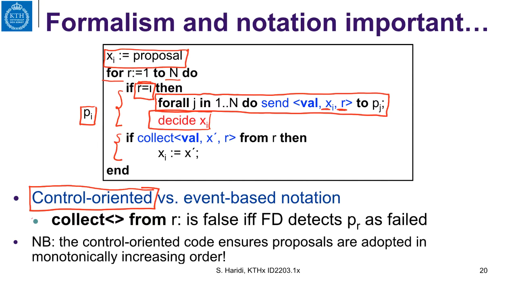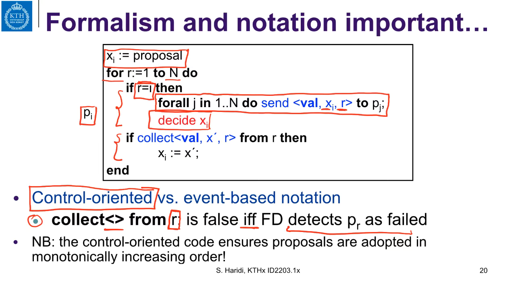A collect construct with a condition here from a specific process PR is false if and only if the failure detector P detects that that process has failed. Otherwise, it waits to receive the message from that process.